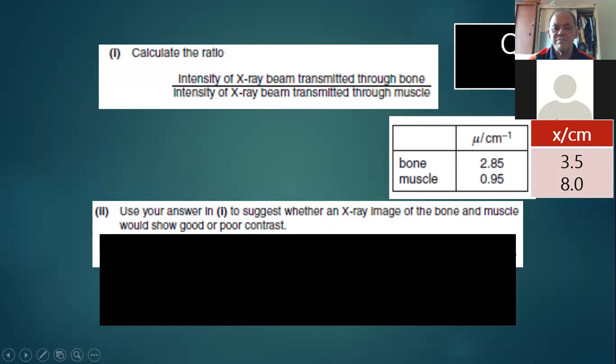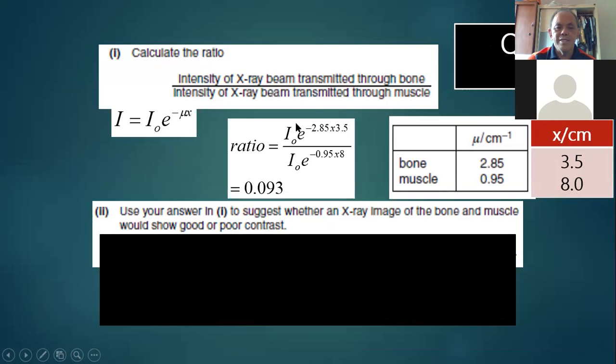Remember this formula? The original intensity cancels off. For bone, the attenuation coefficient is 2.85 with thickness 3.5. For muscle, the attenuation coefficient is 0.95 and 8 cm. Then we get 0.093.